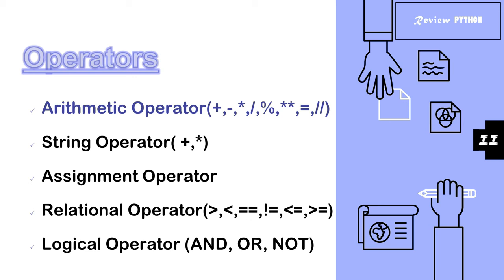But the or operator is like, if any one of the two is correct, the whole answer will be correct. If I say, okay, if you get 100 marks in maths or 100 marks in science, I'll take you to the trip, which means it's up to you.